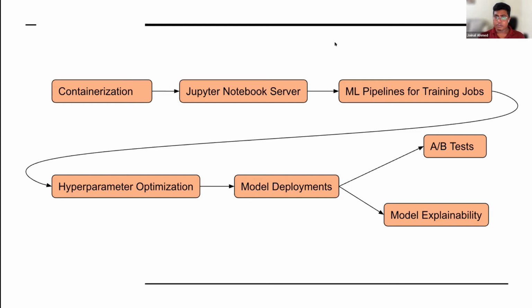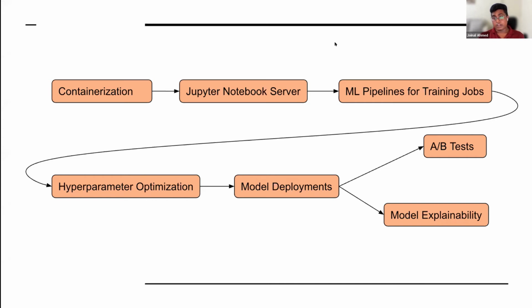Once we have our baseline environment containerized, we can run a Jupyter notebook on top of that and write our code into a notebook, and then we can convert it into a pipeline for training jobs. Once we have a decent enough pipeline ready, we can go ahead and do hyperparameter optimization on that. And once we have a very good model that we are confident can perform well, we can go forward and deploy.